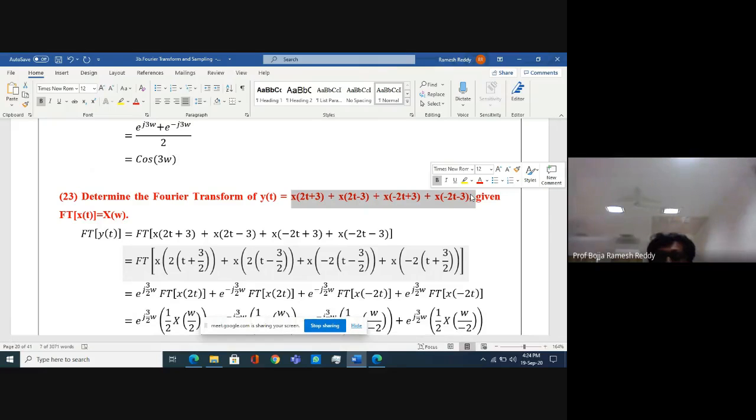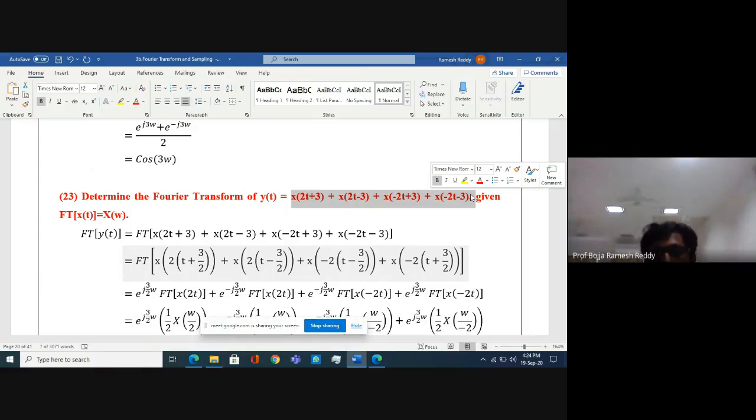What are the different operations? 2t is called the time scaling operation. Next, 2t plus 3 or 2t minus 3 shows the time shifting operation. Then minus t shows the time reversal operation.